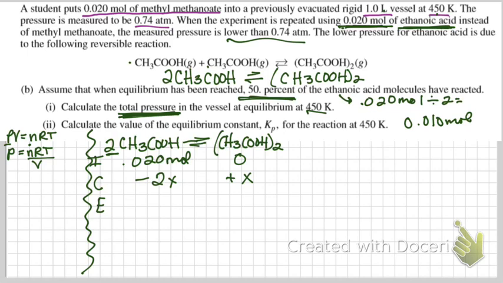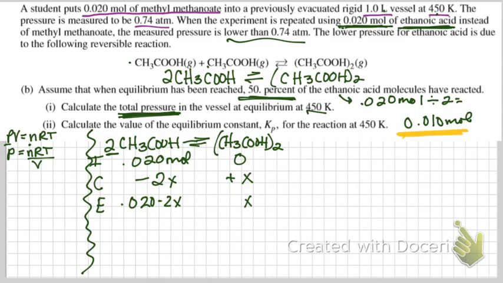So at equilibrium, the total on the reactant side would be 0.020 minus 2x, and the total on this side would just be x. And we actually already know what our reactant is at equilibrium, right? If you go back here, it says 50% of the ethanoic acid molecules have reacted, which means that's how much have reacted.